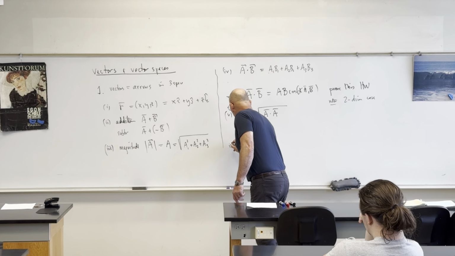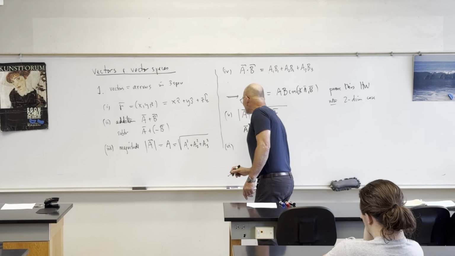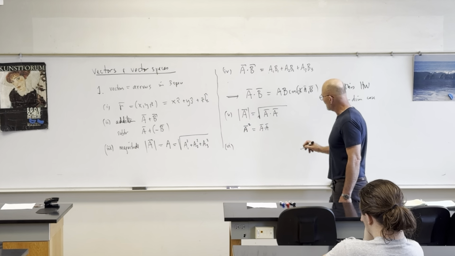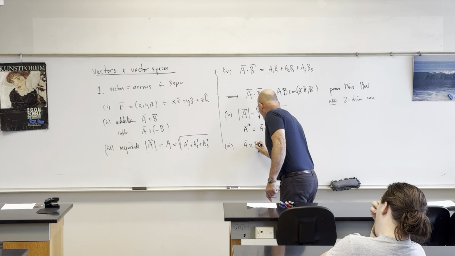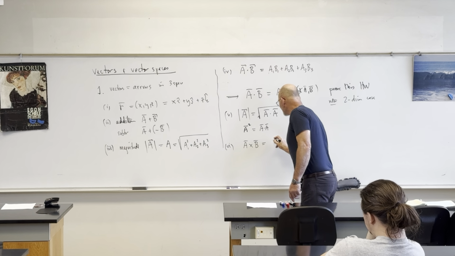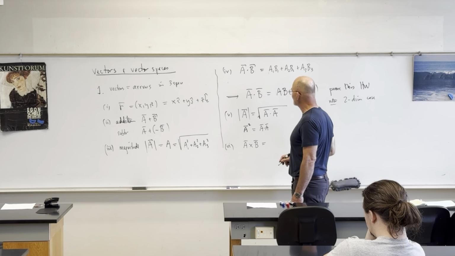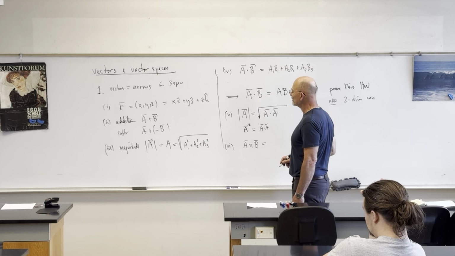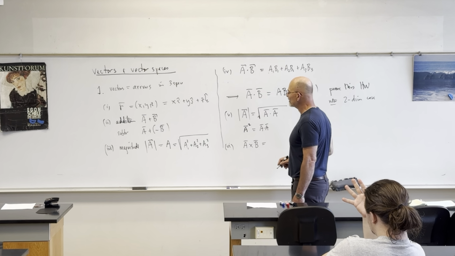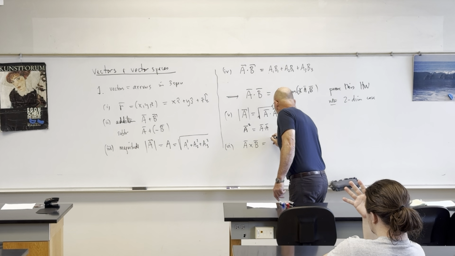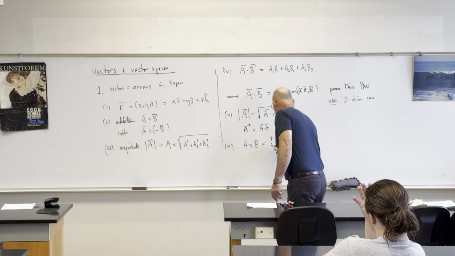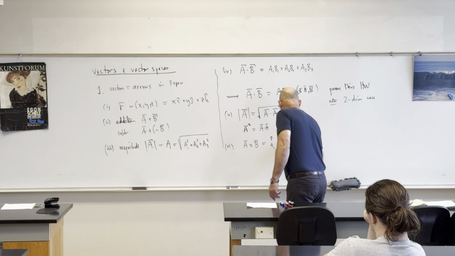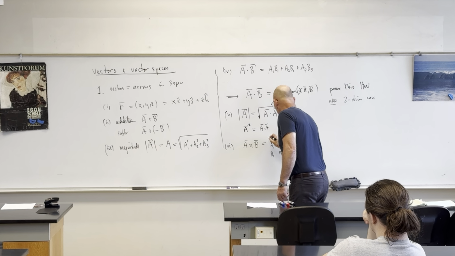We usually also know about the vector product. So now we have, and we're still in free space, A cross B, and we're going to define it in terms of this determinant rule: A1, A2, A3, B1, B2, B3.